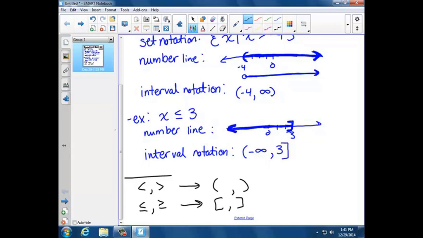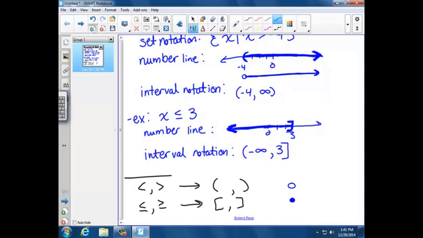That's going to be on a number line or in interval notation. And back to how I said an open circle: if it's greater than or less than, you can use an open circle, that's okay. If it's or equal to, maybe you've used a closed circle in the past to show that you are including that. That's fine too on the number line. But in interval notation, you have to use either parentheses or brackets.